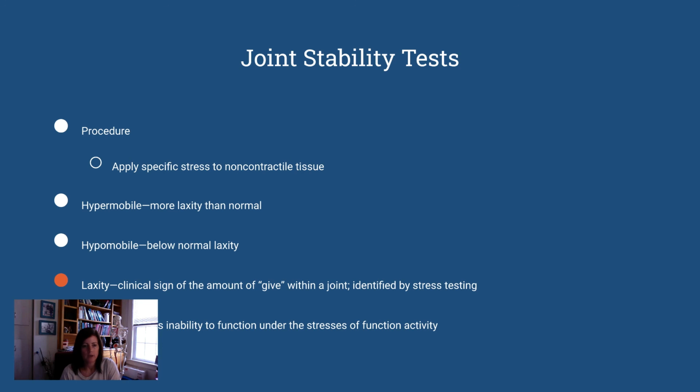So patients can present with increased laxity and still be very stable. But then we have other patients who are going to present with instability, even at varying degrees of laxity. Instability, where basically those particular joints aren't even able to function under the normal stress that they're placed under.